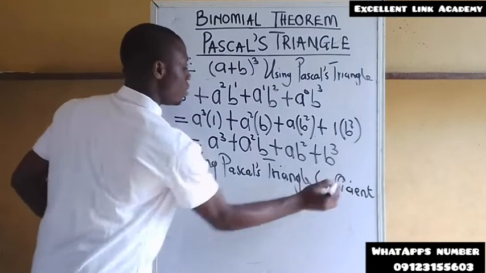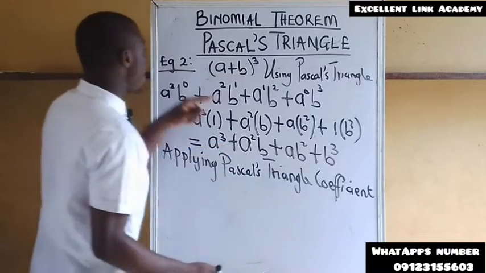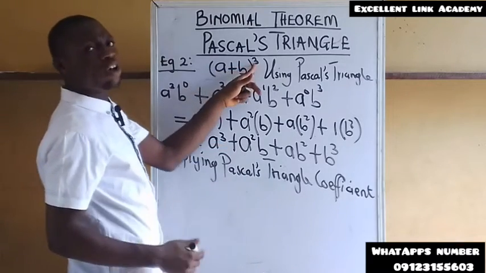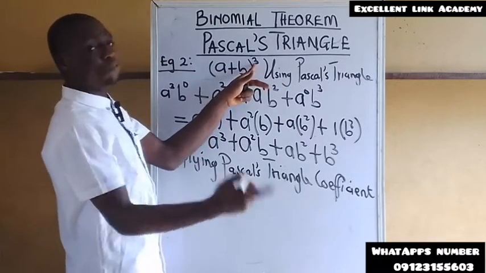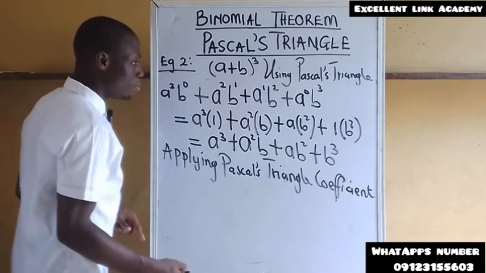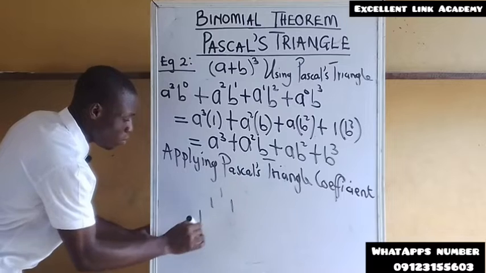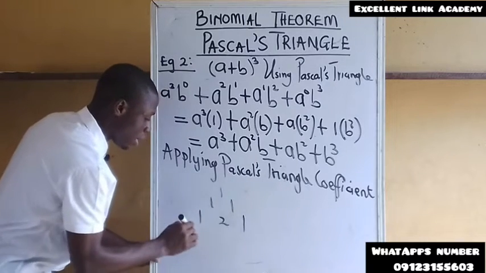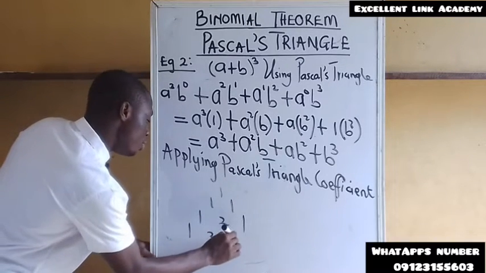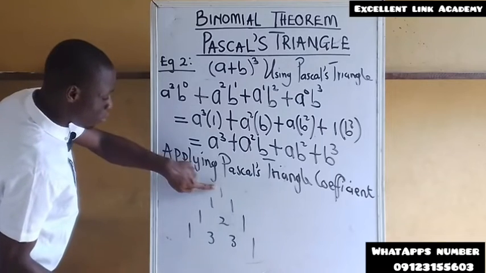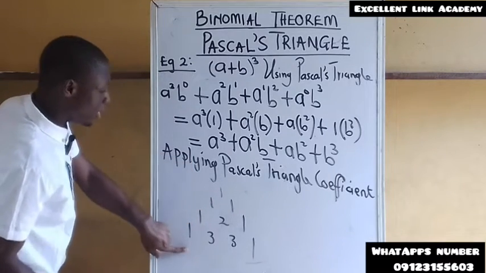For anything to the power of 3, what was the coefficient? Let's do it here. I have 1, plus 1 plus this is 2, 1. I have 1, 3, 3, 1. So this is for 0, this is for 1, 2, 3. So let us take 3.